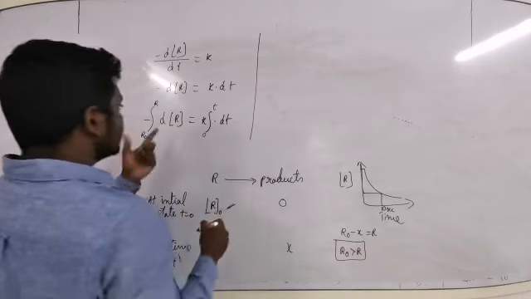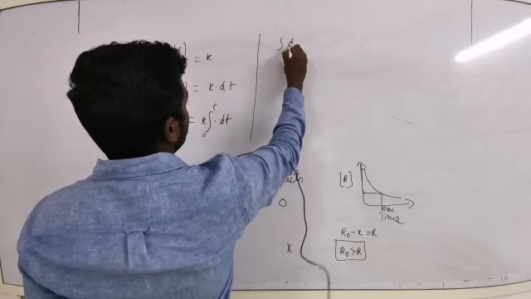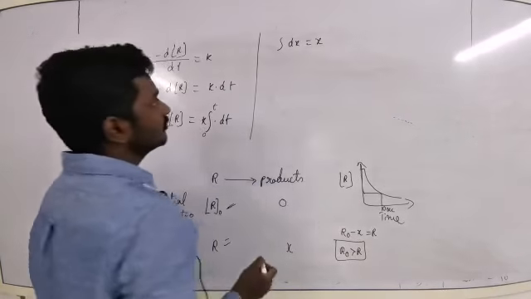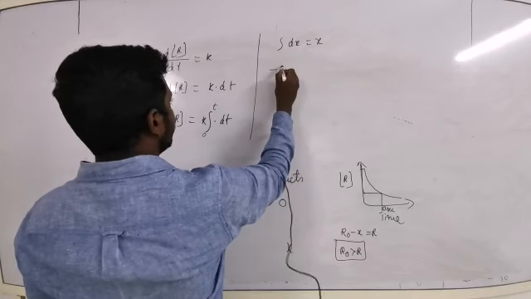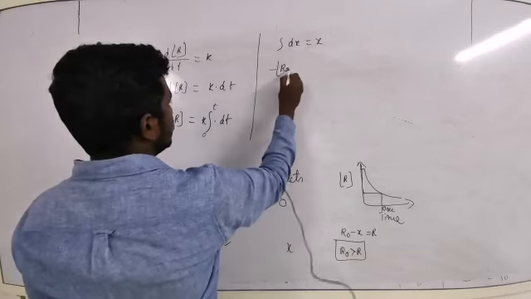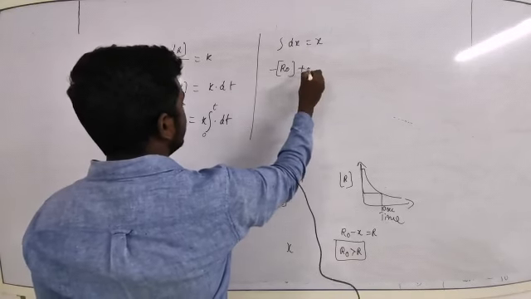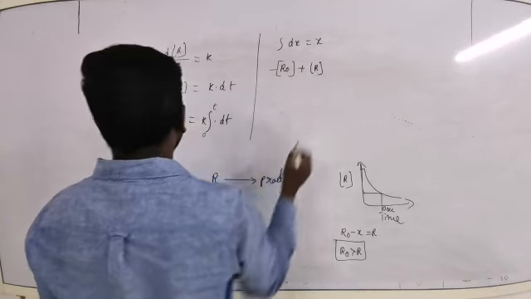Now, let us consider this equation. Here I am going to use a mathematical formula, that is integral dx is equal to x. Integral dx is equal to x. Then it will be minus of R0, the initial minus final: minus of R0, minus of minus will be plus, then it will be the concentration of reactant.